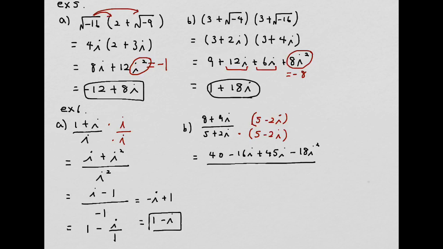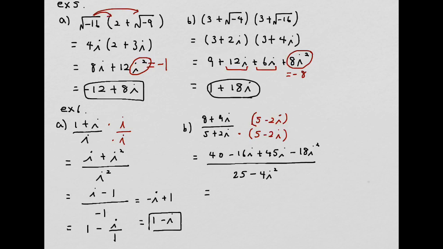For the denominator, I can do FOILing or understand this is a difference of squares. So it will be first term squared, 5 squared is 25, and second term squared, which is 2i, so it will be 4i squared.